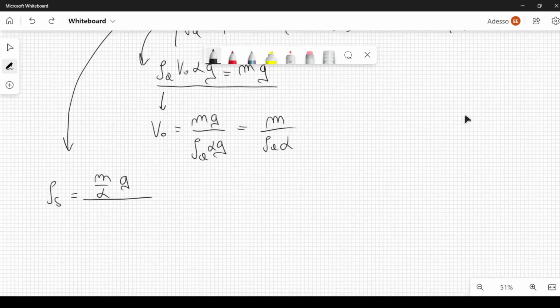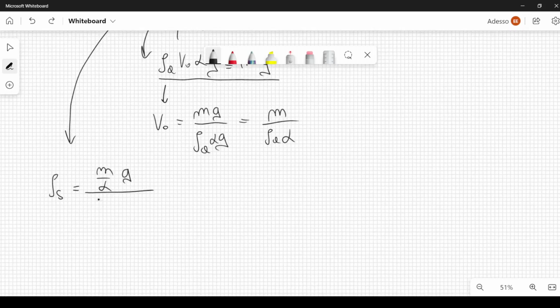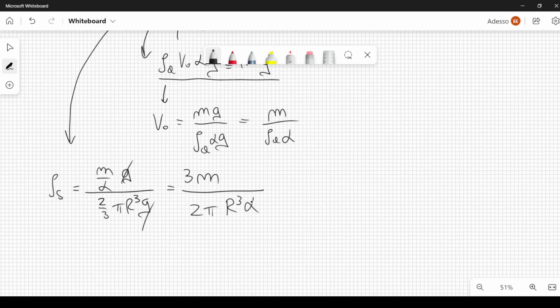So we have 2/3 pi r cubed g, and you can rewrite this as m divided by, so you can simplify g, and you have 3 here, 2 pi r cubed alpha. And this is the final formula to solve the problem.